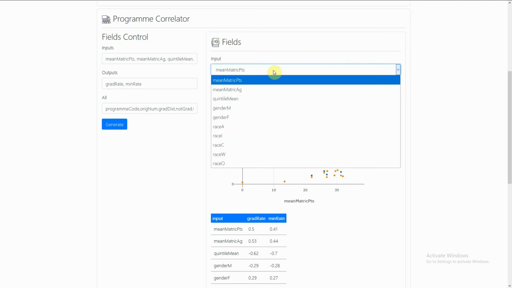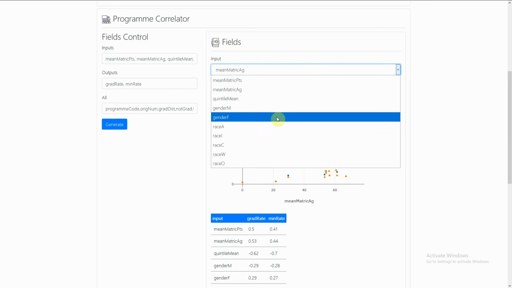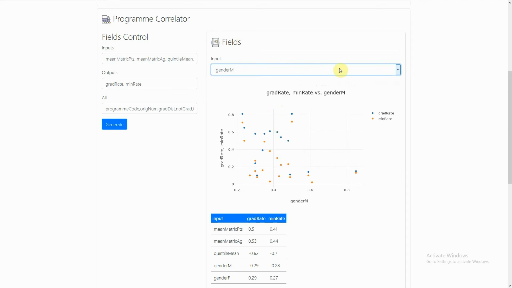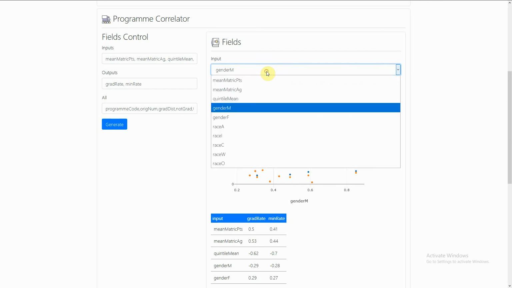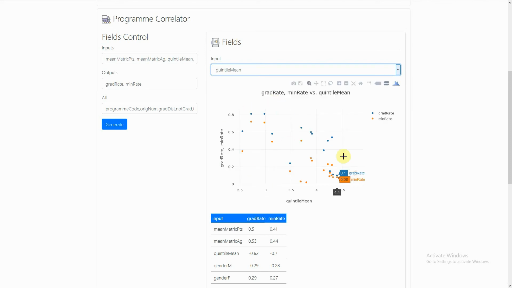And you can change this variable, so your matric aggregate is shown there, and we can again estimate some kind of positive correlation. We can also look at gender, and here it is known that males are struggling in comparison with females, so gender is playing a role currently, and of course race and quintile, those are other variables.